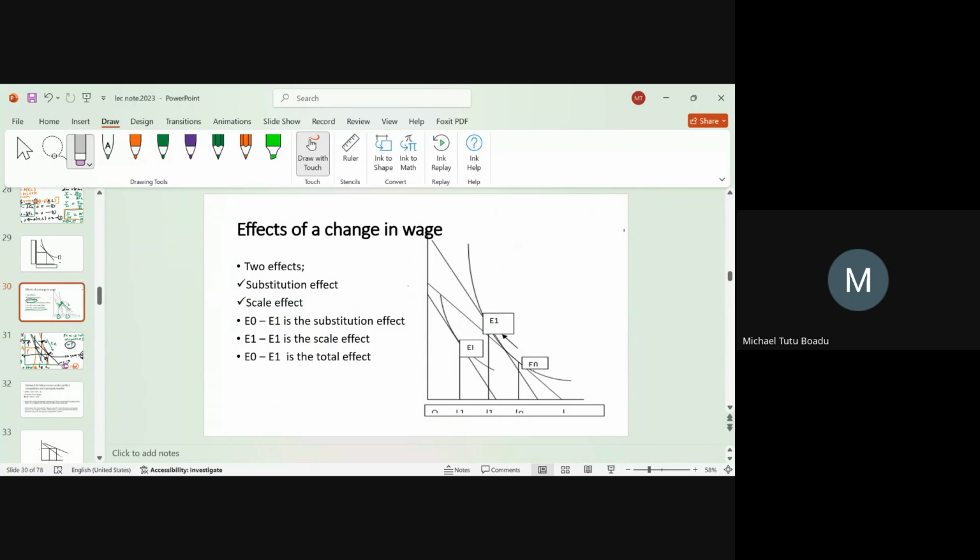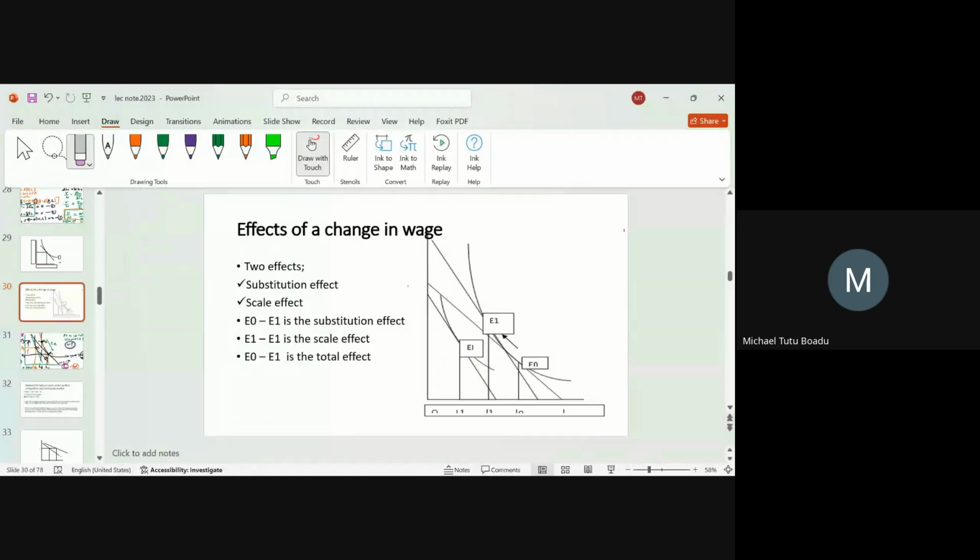So it means that anytime you are using two inputs in production and the price of one of the inputs changes, it is going to have two different effects. The first effect is that it's going to cause you to reduce the use of the input whose factor price has gone up, and increase demand for the input whose factor price remains unchanged or decreases. That is the substitution effect.